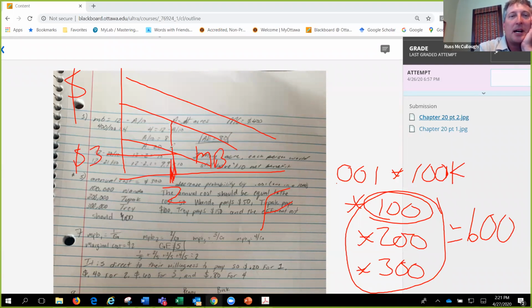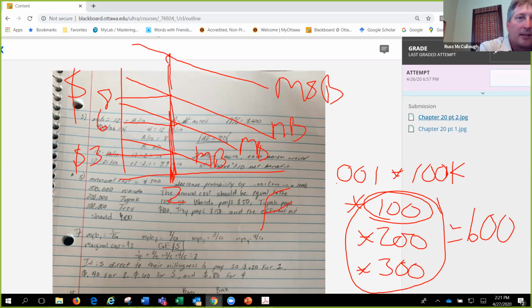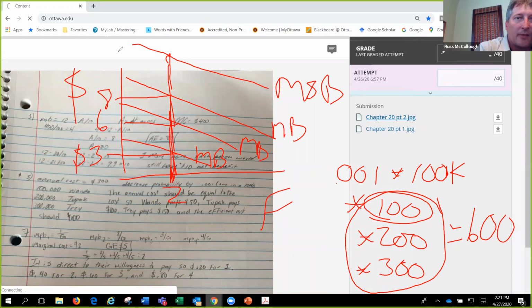At 2 stations, since it's non-rival, for 2-Pac it's $6, and for Trey it's $8. The public benefit is the vertical sum of the individual people's benefits. So the marginal social benefit, MSB, is 8 plus 6 is 14, plus 3 is 17.